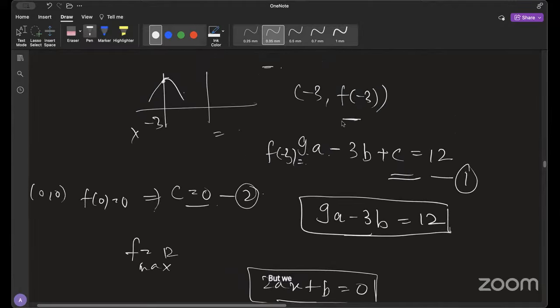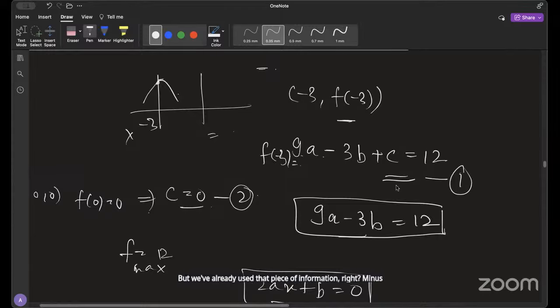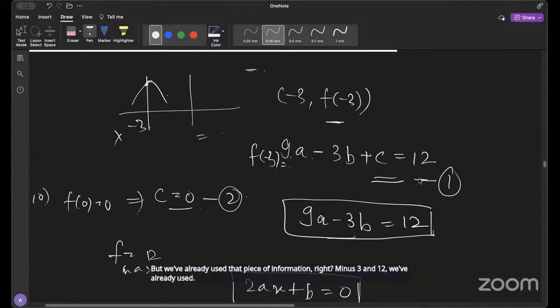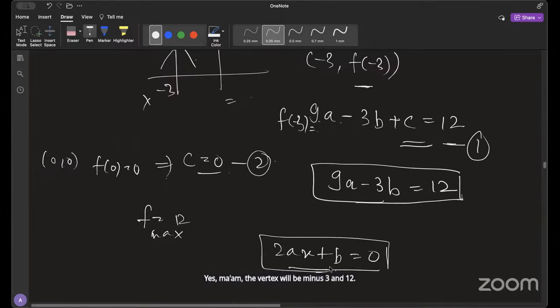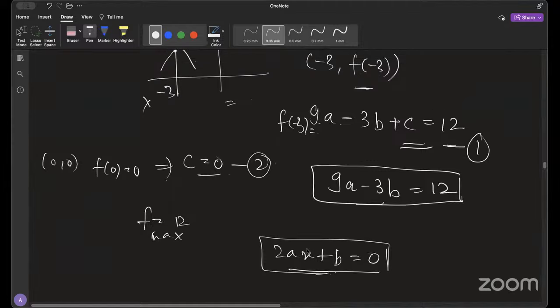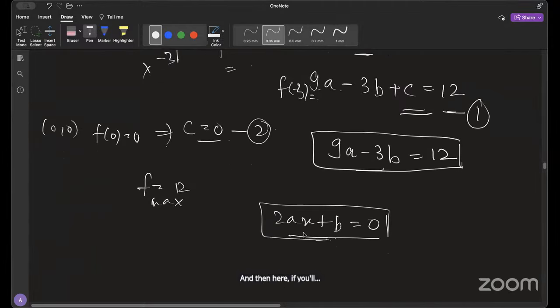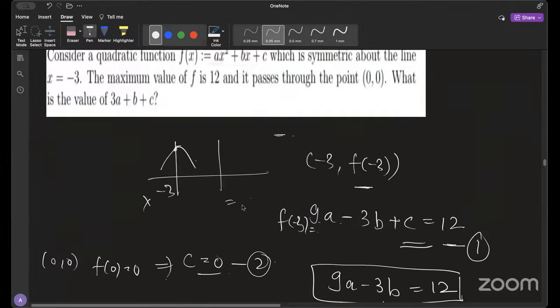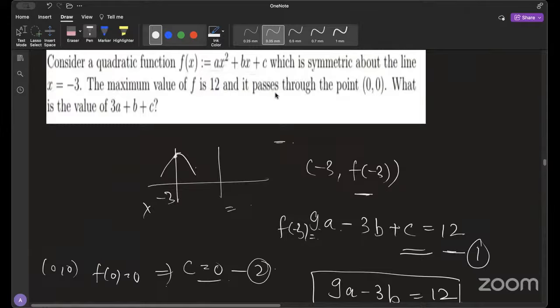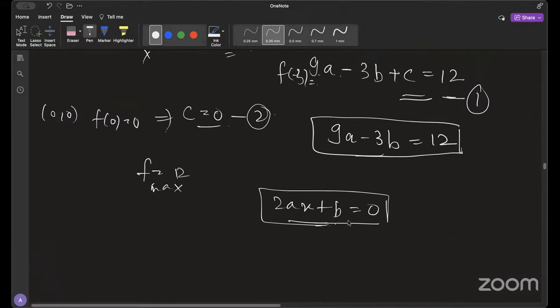But we've already used that piece of information, right? Minus 3 and 12 we've already used. And then here, this should be 0, and it's attained at minus 3. If you put x equals minus 3 here, you'll get minus 6a plus b equals 0.